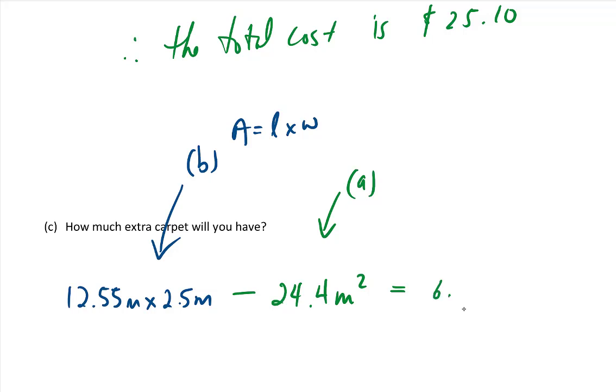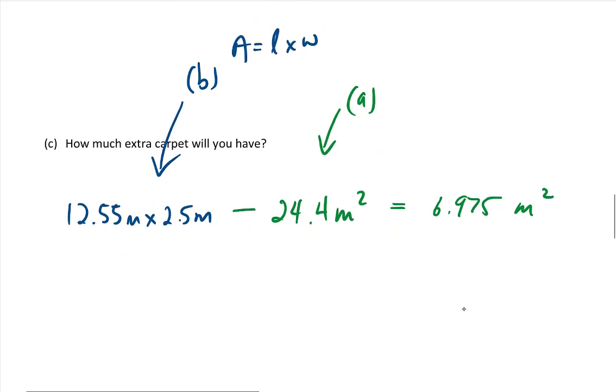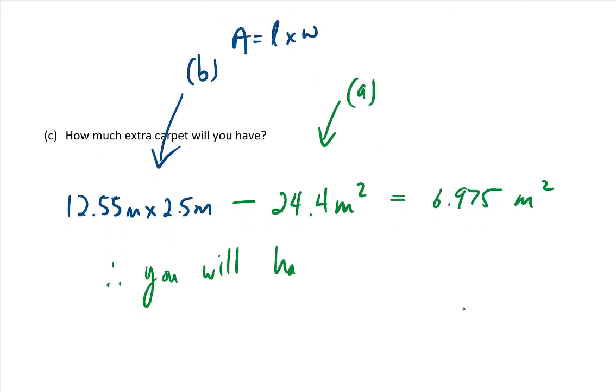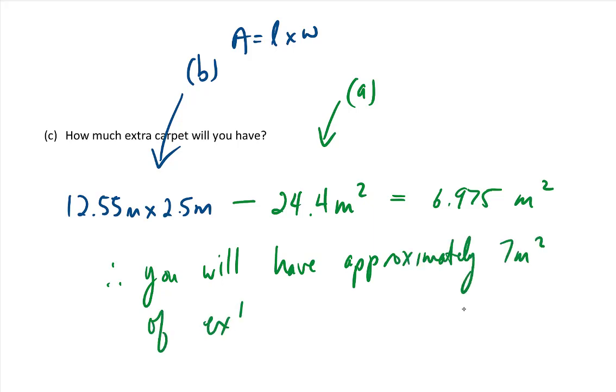So I ended up with 6.975 meters squared that is wasted, or approximately 7. Therefore, you will have approximately 7 meters squared of extra carpet. Remember, there'll be offcuts, angled cuts. They might not even be useful.